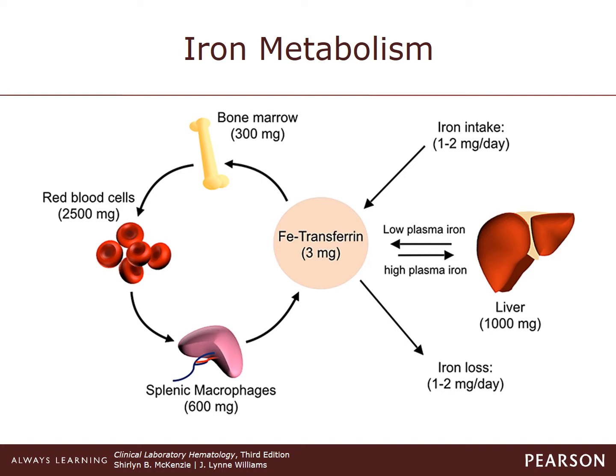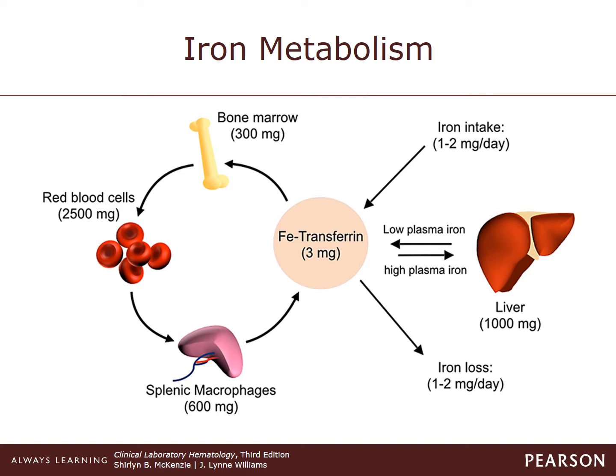The total iron concentration in the body is about 40 to 50 milligrams of iron per kilogram of body weight. It's primarily found in the red blood cells, macrophages, hepatocytes, and enterocytes. Hemoglobin is a major fraction of the body's iron and encompasses 1 gram of iron per kilogram of red blood cells.